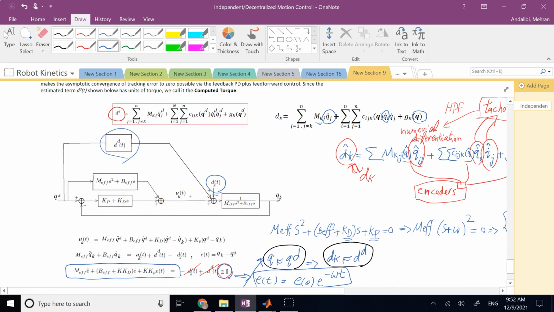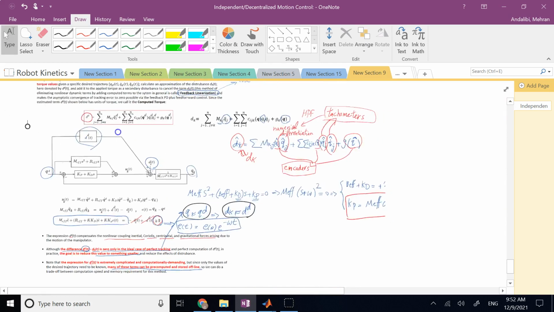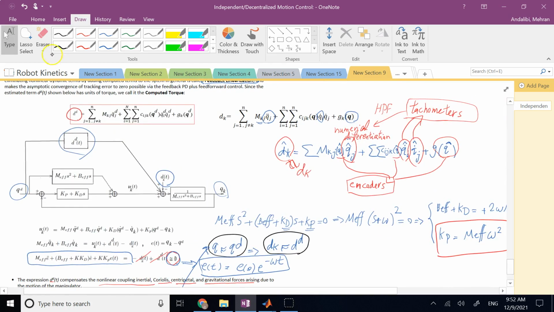Now, it's not perfectly linear feedback linearization, because this term here, this DD, is not generated through feedback. It is directly generated through QD. It's not generated through QK or Q dot K. If I use this DK hat that I just mentioned for you, this dk hat is generated through feedbacks of encoders and tachometers.